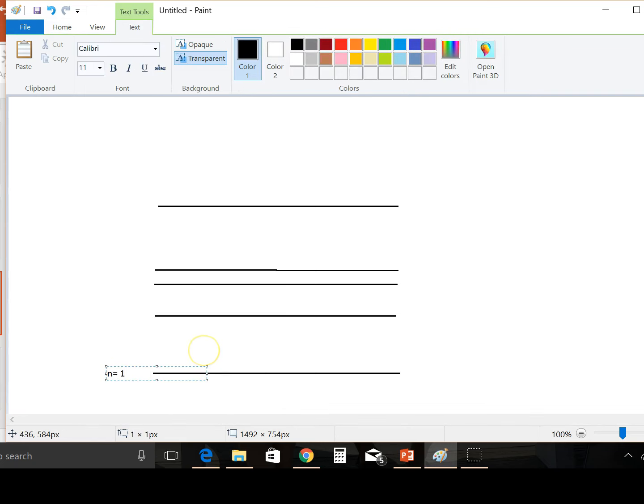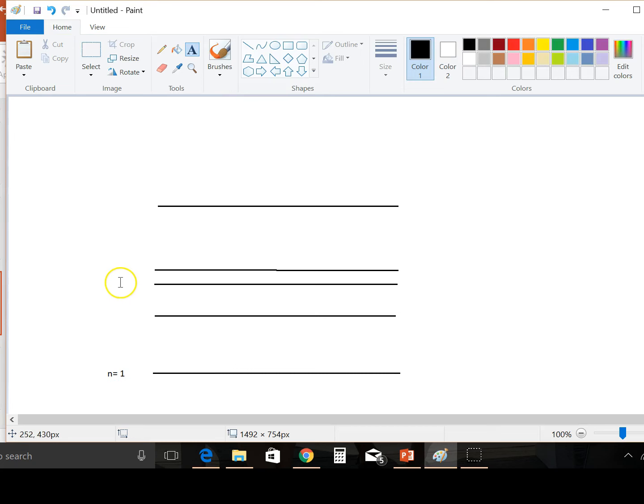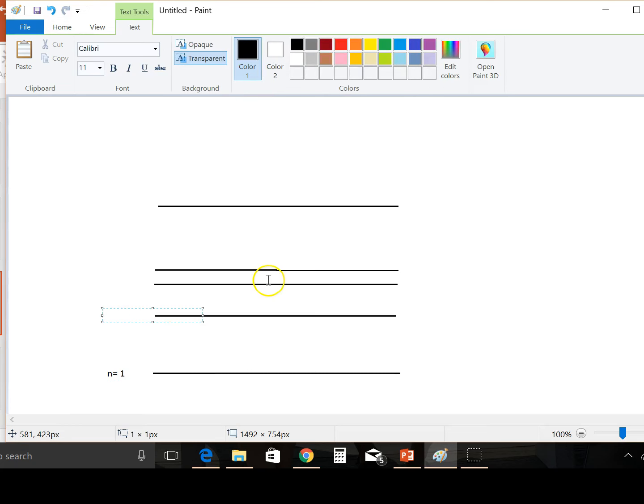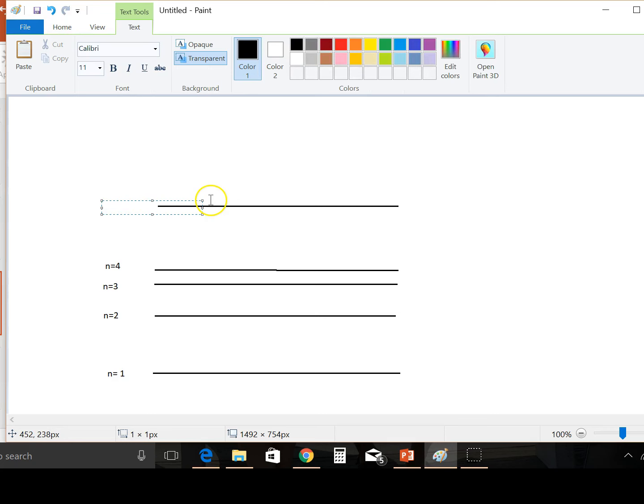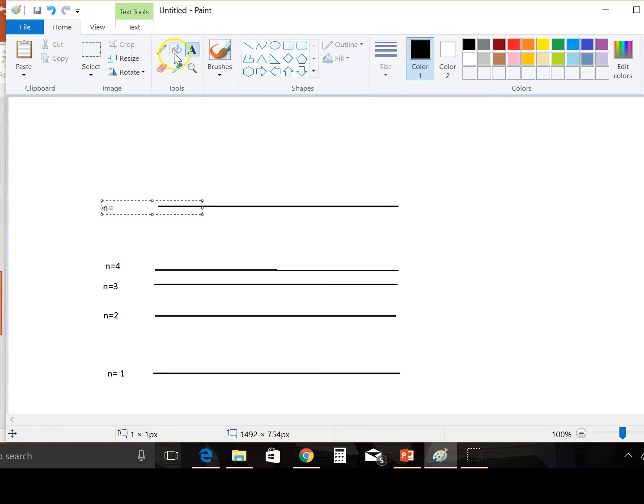All right, so let's label them. The first energy level we'll call n equals 1. The lowercase n is used to denote an energy level. The second one we'll call n equals 2, n equals 3, n equals 4, etc. And then the last one up here we will call n equals infinity.